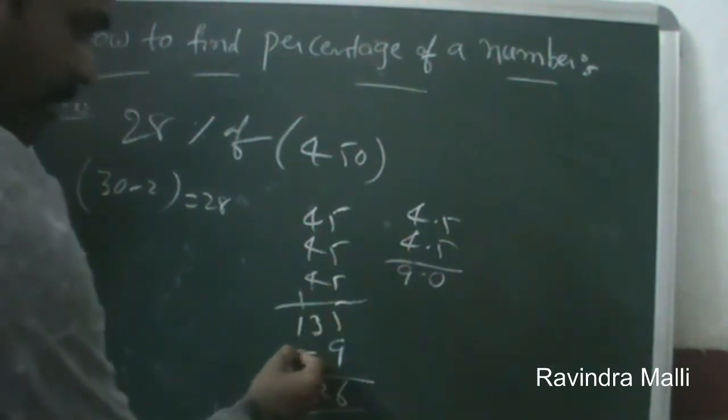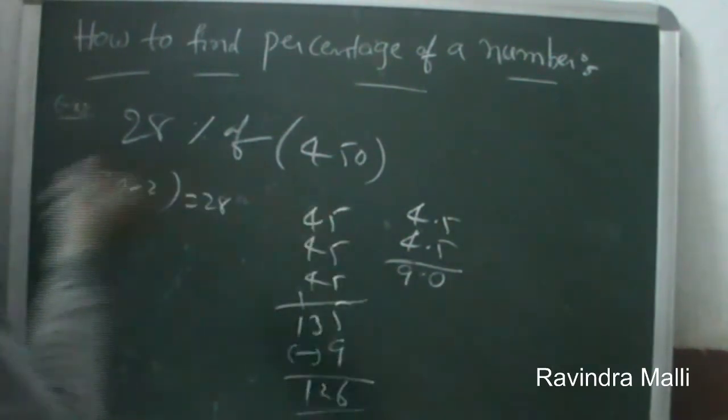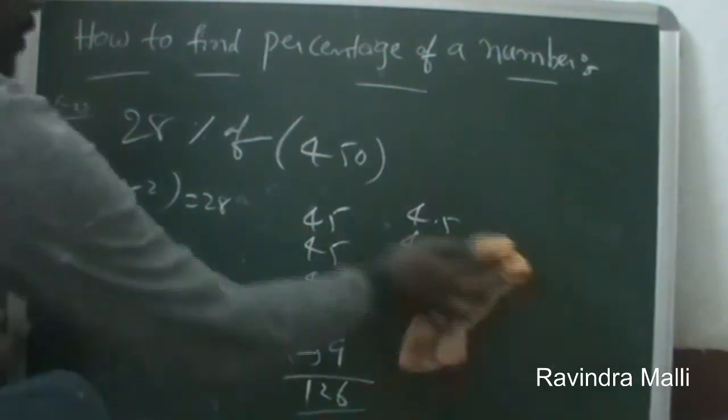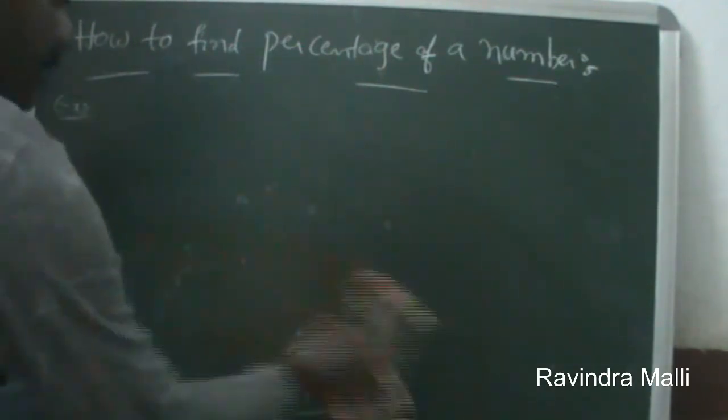So I subtract 9 from this, that is 126. You can solve any kind of percentage problem by using this technique. It takes less than 10 seconds.